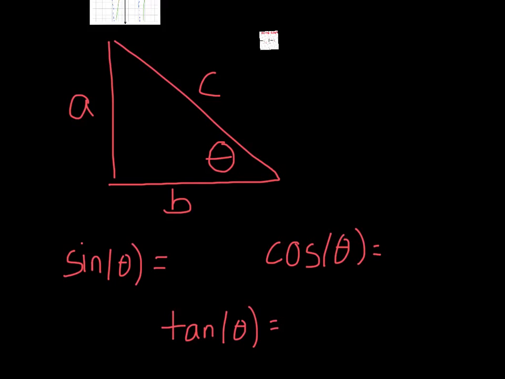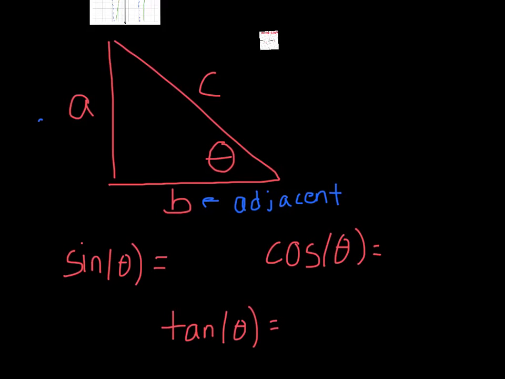So, this here is called the adjacent side or base. Any side that's next to the angle is the adjacent side. Any side that is opposite to the angle is called, well, you could have guessed that, the opposite side.